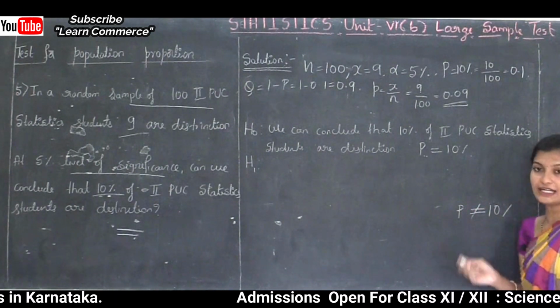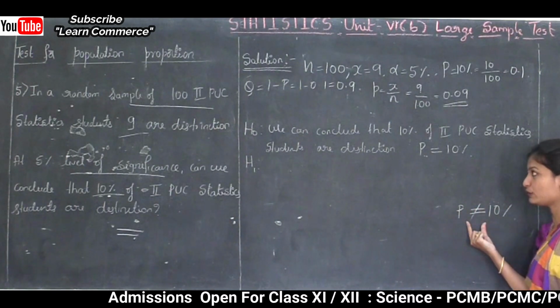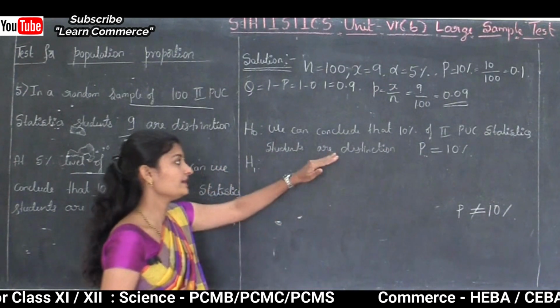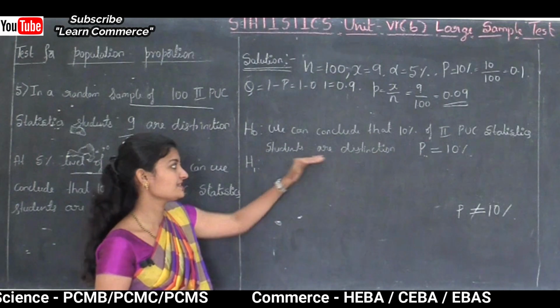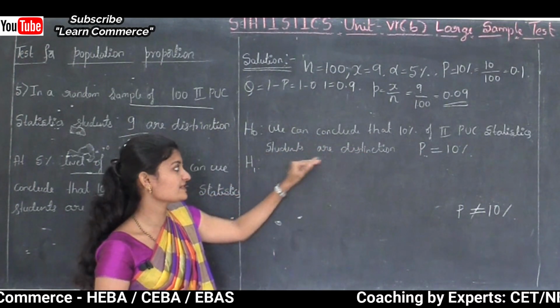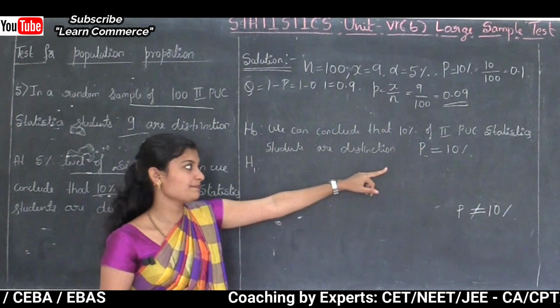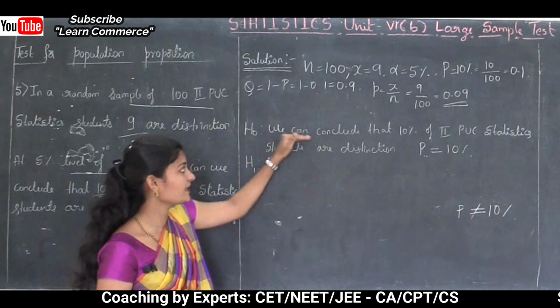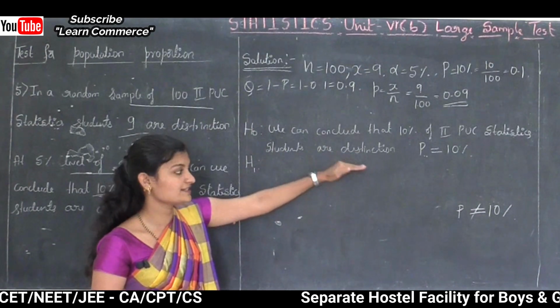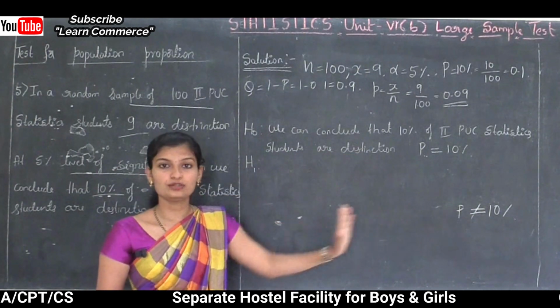So how to write alternative hypothesis? If it is not equal to, then the sentence is, we cannot conclude that the 10% of second PUC statistics are distinction. See, we can conclude that 10% of second PUC statistics are distinction, in the sense that is P is equal to 10%. We cannot conclude that 10% of second PUC statistics are distinction, in the sense that is P not equal to 10%.